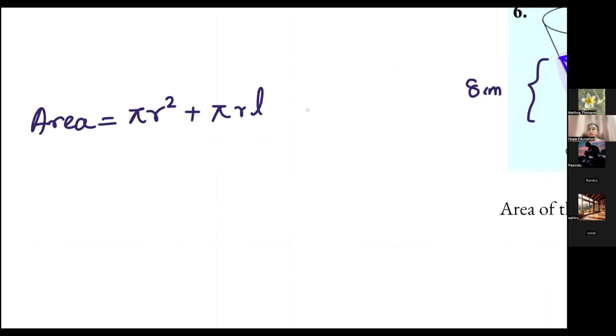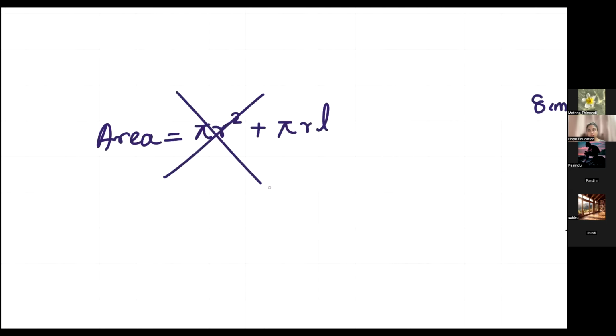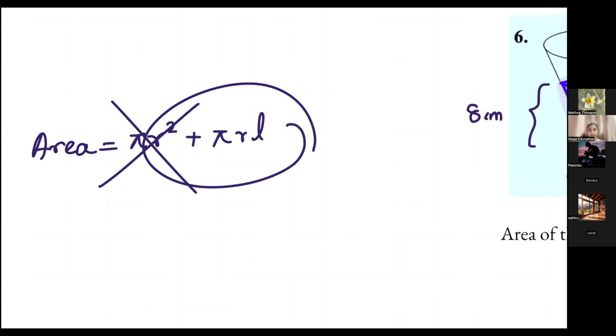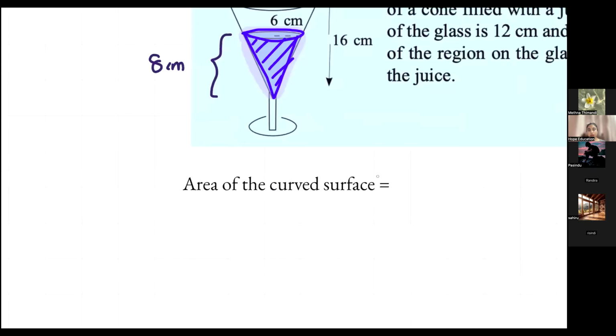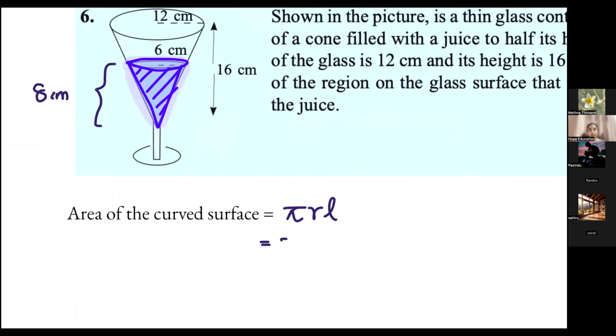Here we are not considering the circular surface, so we don't need that. We are only considering the curved surface. So we are only getting pi r l. Pi is 22/7. If you take this juice-filled part, the radius is 6 centimeters. Then what is l here? What is l here?